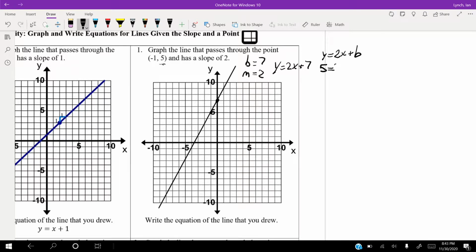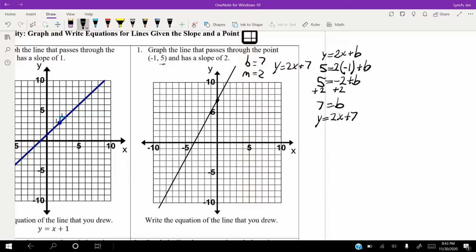So we go 5 is equal to 2 times, our x value is -1 plus b. 2 times -1 is -2. So our new equation is 5 equals -2 plus b. Well, in order to get b by itself, I need to add 2 to both sides. And I get 7 is equal to b. So my equation is y equals 2x plus 7.